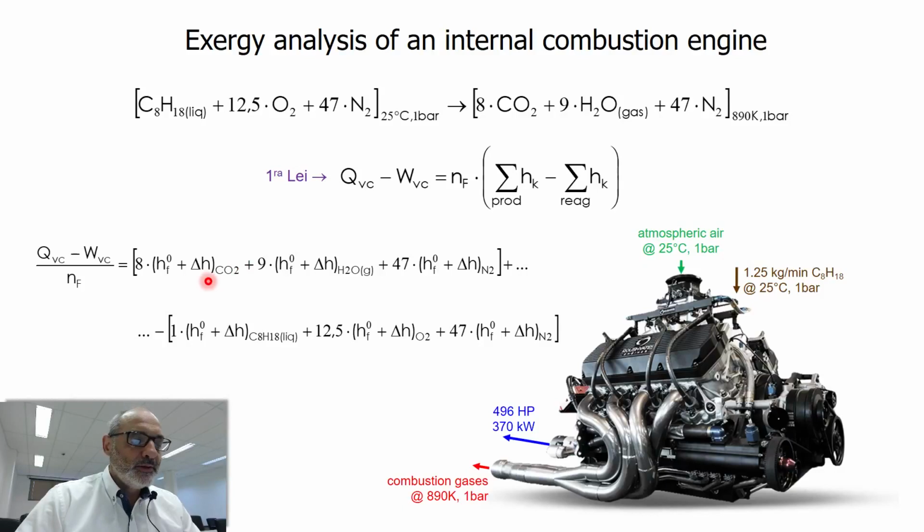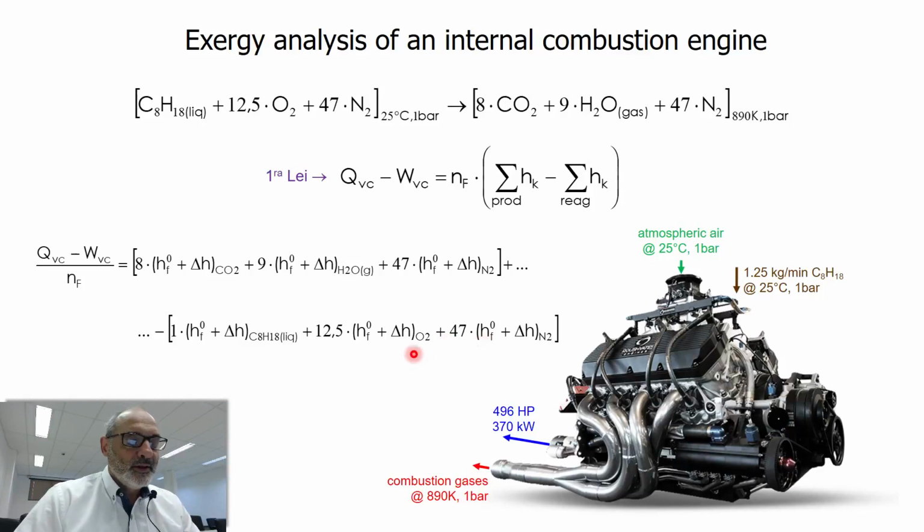Replacing all the components: 8 moles, this is the entropy of CO2. So this number 8 refers to this number 8 here. 9, this is the entropy of H2O, so 9 refers to this number here, and 47 of N2 here.